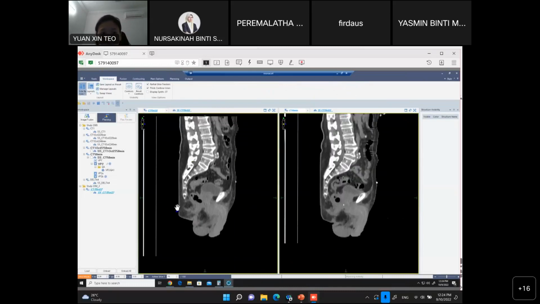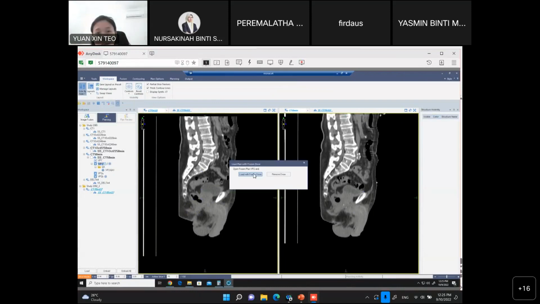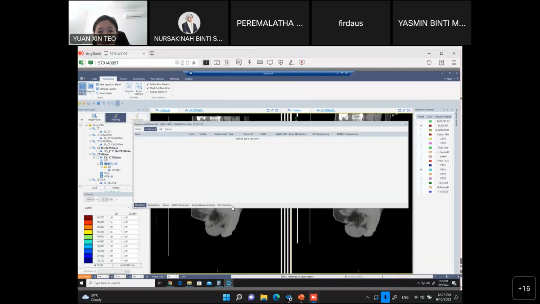Okay, this is the 60 minute scan and this is the 50 minute scan. Still the bladder volume is not really big. Then as a physicist, I adopt the new bladder volume into this plan to see whether with the 60 minute volume the DVH passes or not.